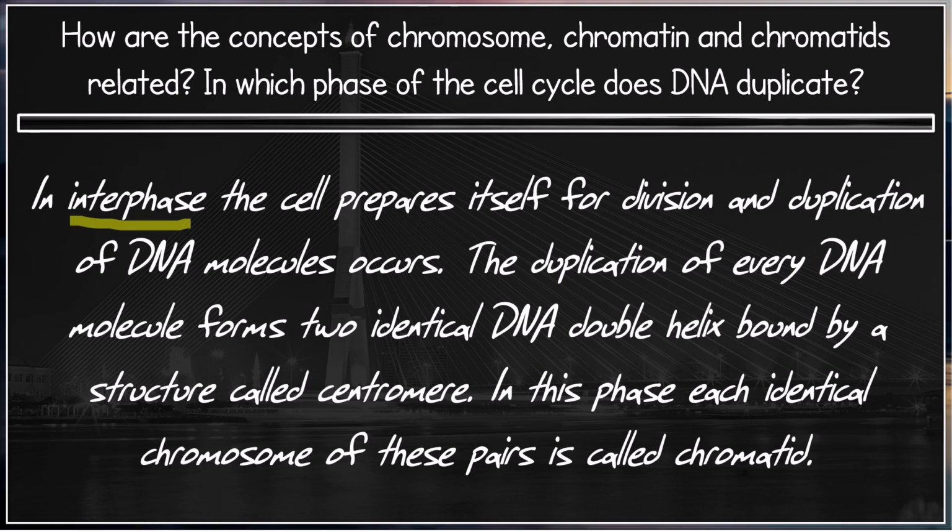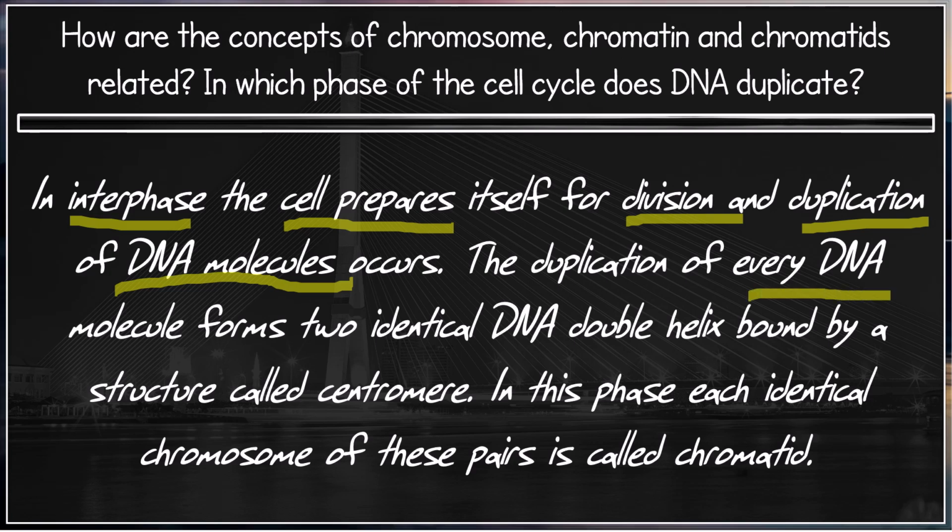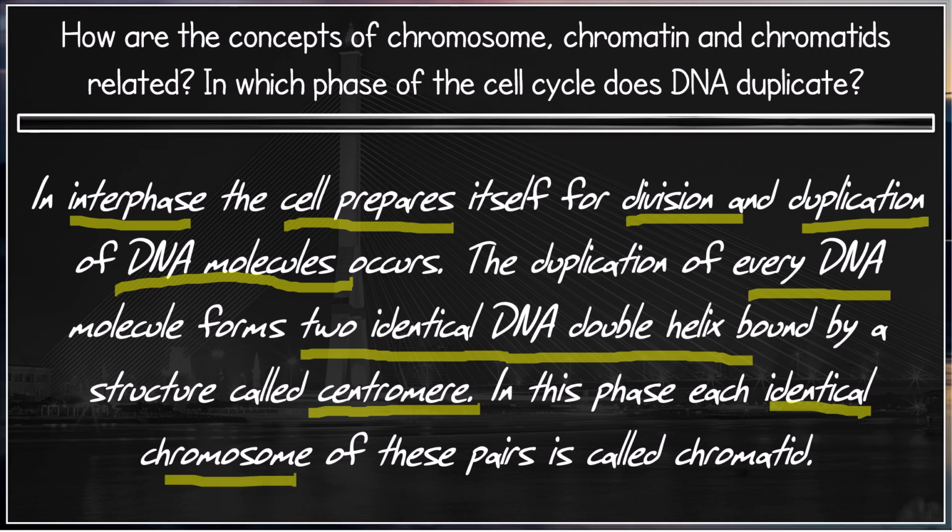In interphase, the cell prepares itself for division and duplication of the DNA molecule occurs. The duplication of every DNA molecule forms two identical DNA double helices bound by a structure called the centromere. In this phase, each identical chromosome of these pairs is called a chromatid.